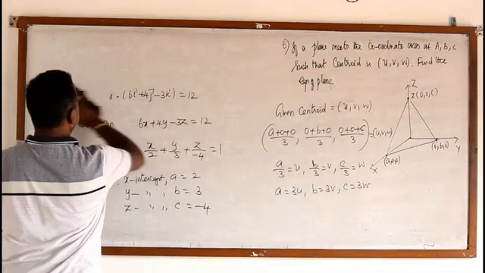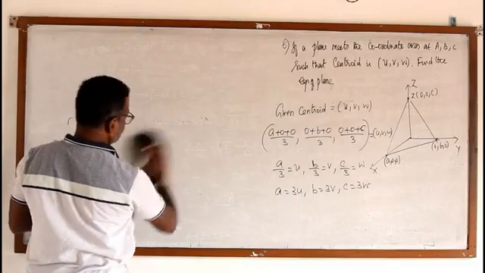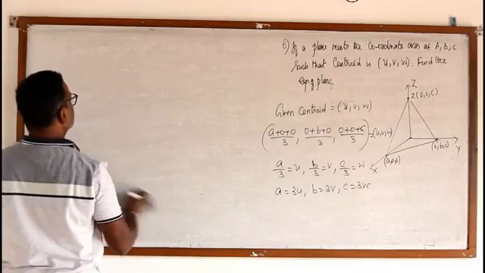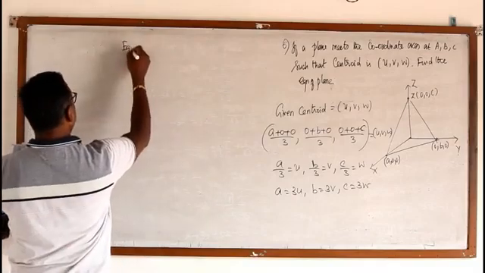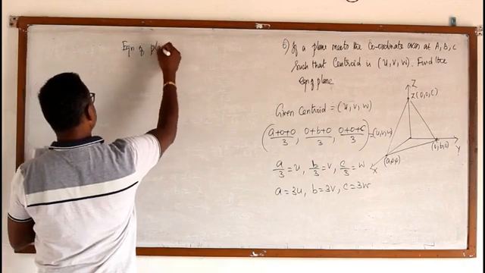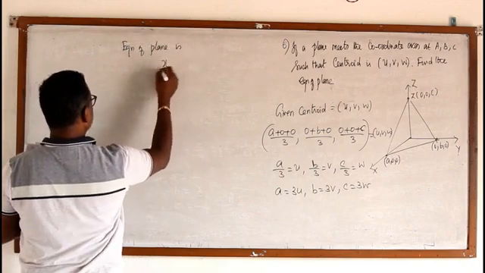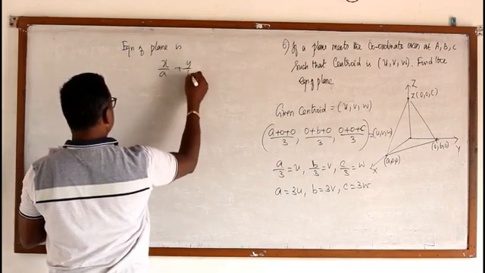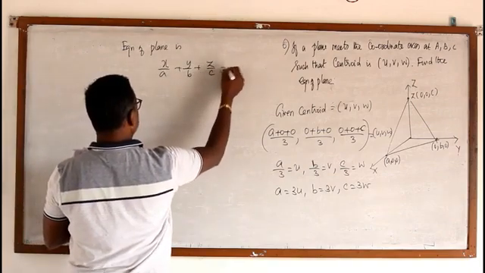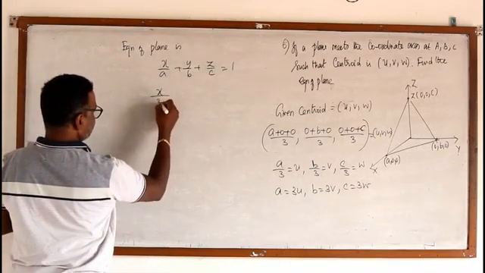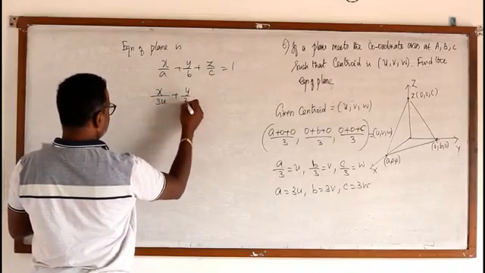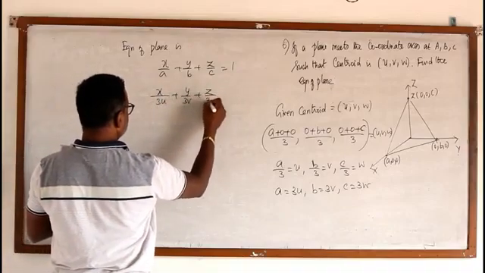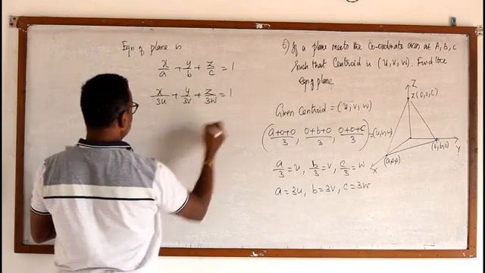Then the equation of plane in intercept form is x by a plus y by b plus z by c equal to 1. That is x by 3u plus y by 3v plus z by 3w equal to 1.